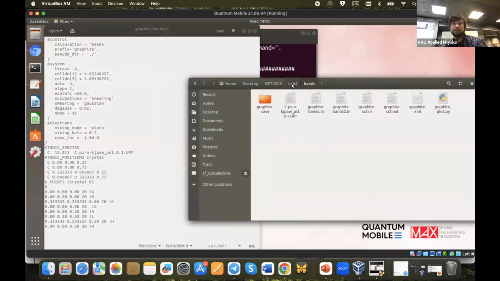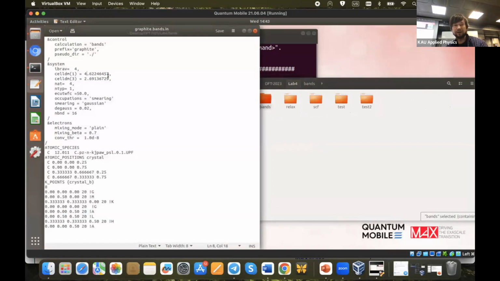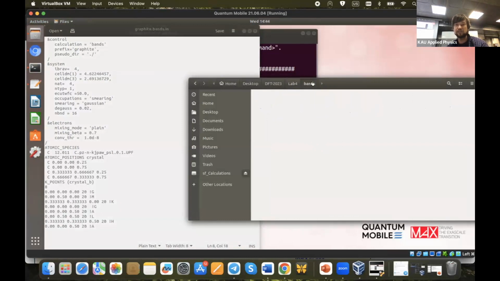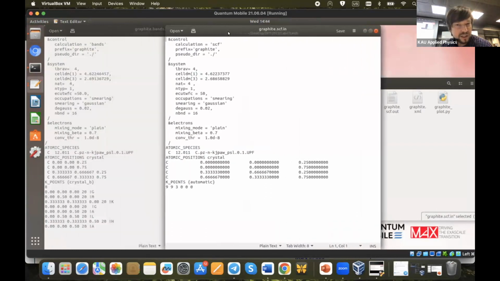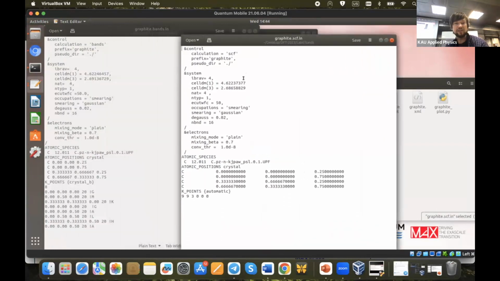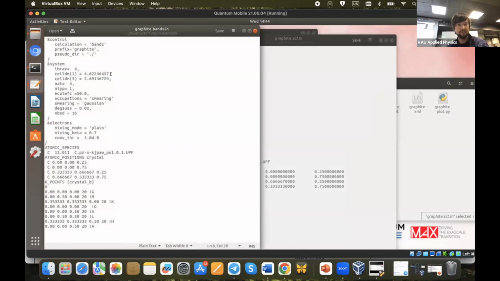Bands in, yeah. You should type here, because I took it from my test calculations. You should change the cell DM1 and DM3 to be the same as they were in the SCF. I think they should be almost the same. Yeah, they are almost the same, from SCF.